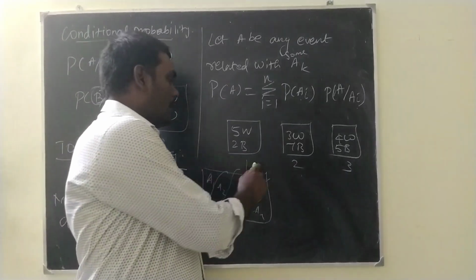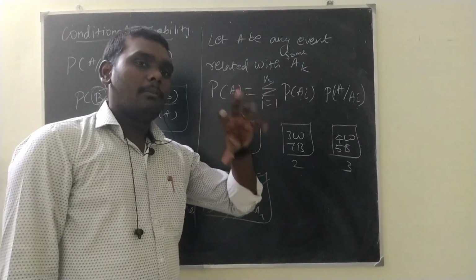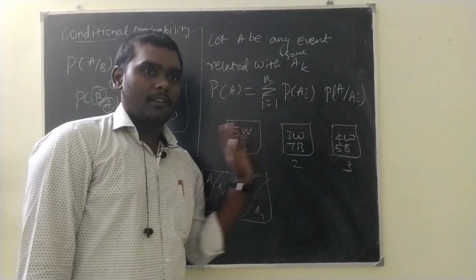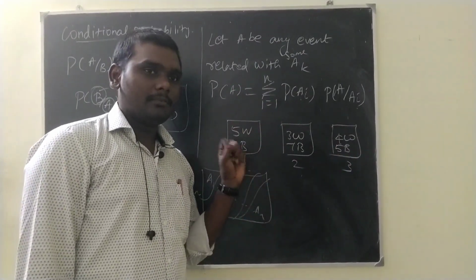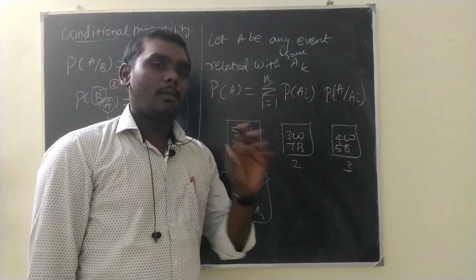Now from all the 3 boxes, choosing a ball from any one of the boxes, what is the probability that it is a white ball?